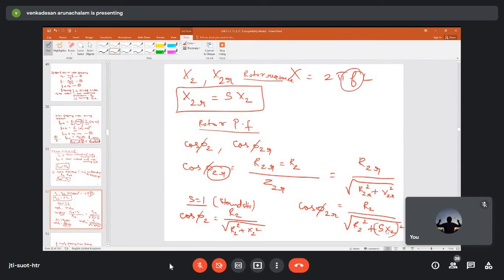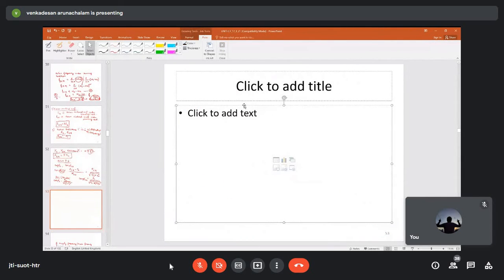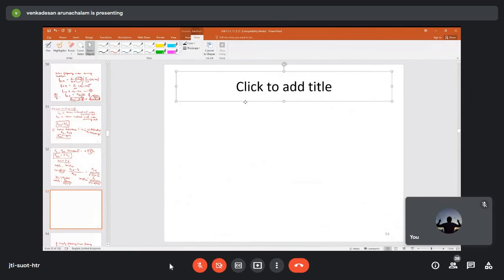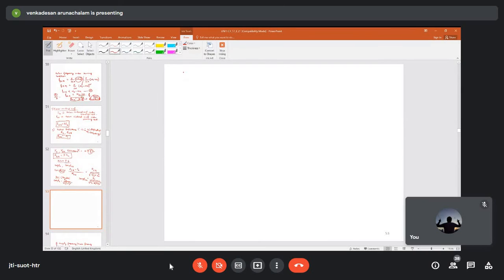What about the rotor current? Rotor current, how we will define? Rotor EMF by impedance. Am I right? Yes or no? So similarly I can write I2R is equal to E2R, that is the rotor induced EMF under running condition, divided by impedance Z2R.